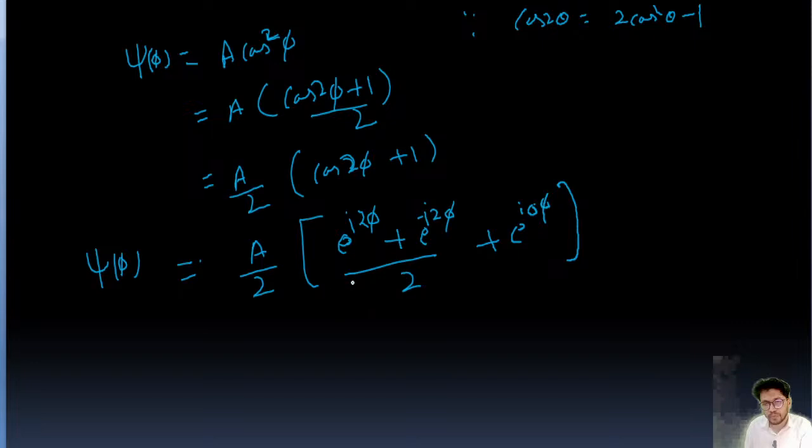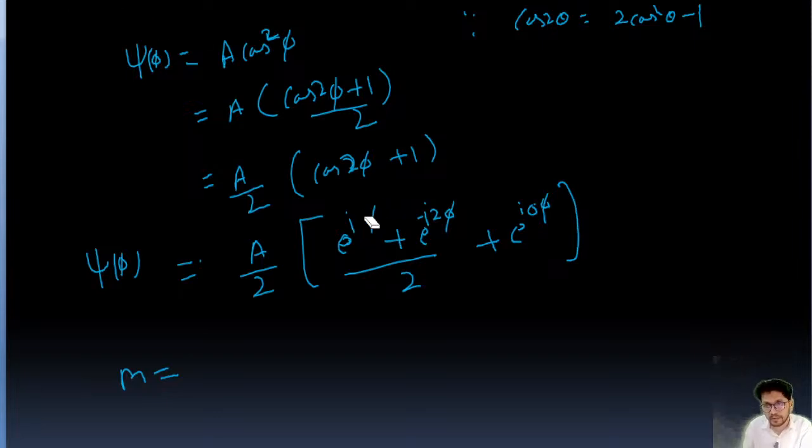So from here we can directly write the values of all possible outcomes of Lz. These are going to be the coefficients of i phi. Okay, coefficient of i phi. We can write it like this.